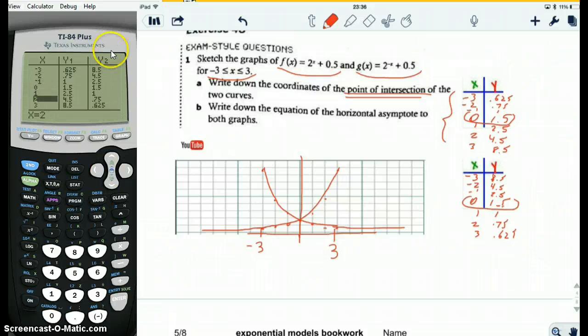Let's look at this one, because do you see how the 0.625 is getting smaller and smaller? Is it going to 0, or is it going to some other number? Hey, it looks like it's going to 0.5, doesn't it? Yeah, there it went to 0.5. It doesn't actually touch 0.5, but it gets very, very small, so the calculator can't display it anymore. So the asymptote for at least one of them is y equals 0.5.